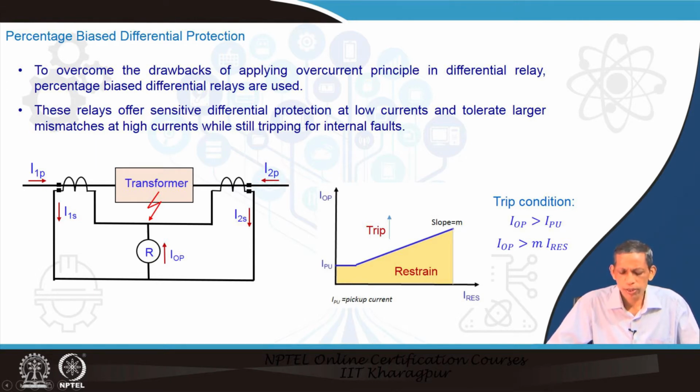The philosophy behind this is that whenever the through current, the external fault current, becomes much higher, let us consider one situation of CT ratio mismatch. If there is a CT ratio mismatch and the current for an external fault becomes very large, then because of the CT ratio mismatch the amount of current flowing through this branch is also larger.